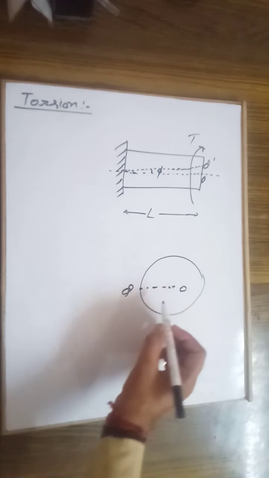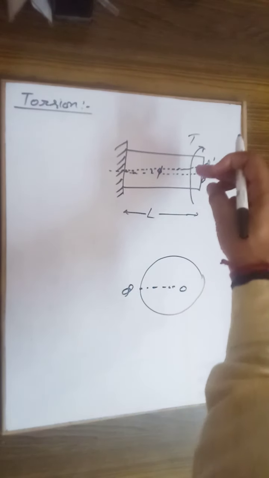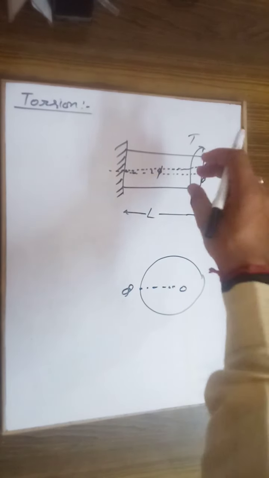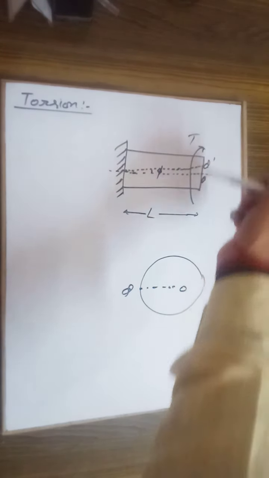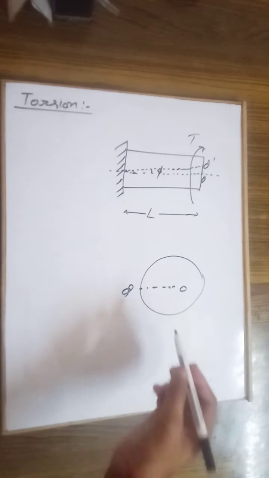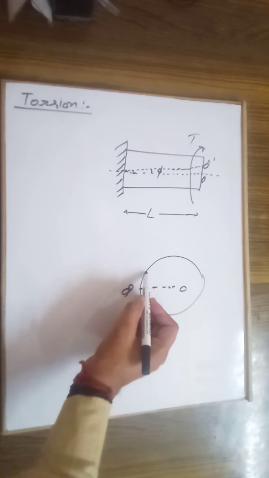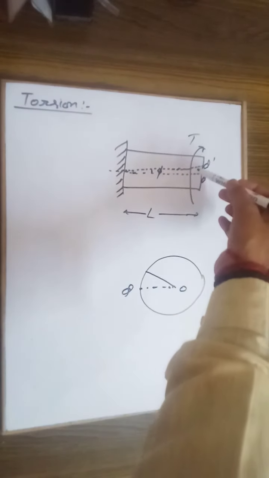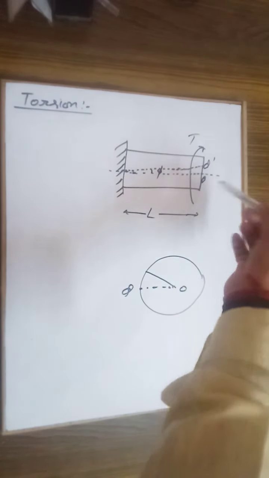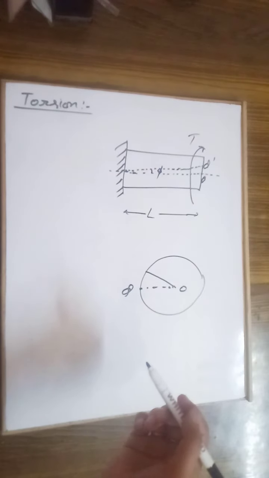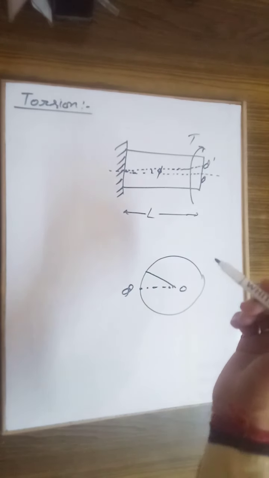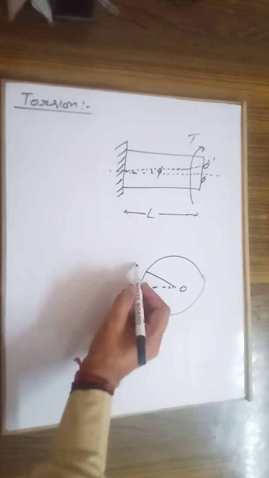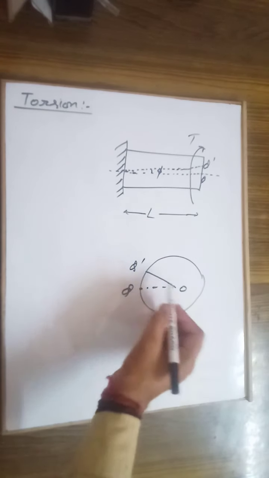If the center is o, and after the torque t is applied, here it will be in the circle, because this end is fixed but this end is not fixed. As I told you, we are taking a cantilever type of beam. So here this will be q dash.